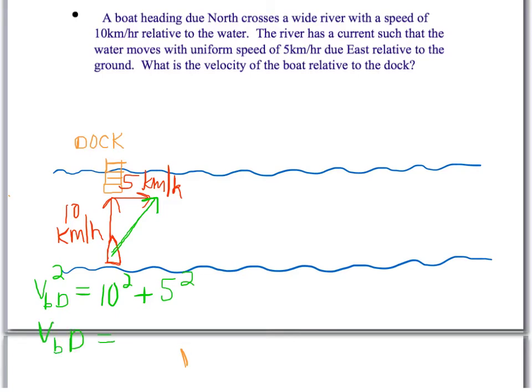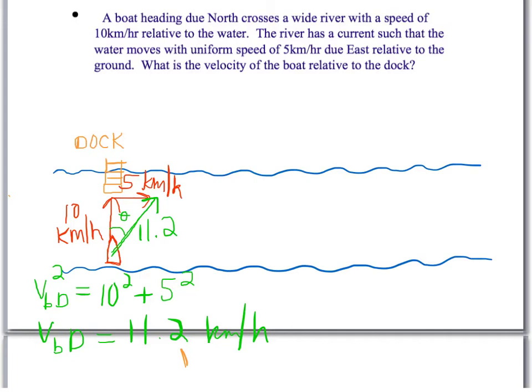You should find that the velocity of the boat relative to the dock is going to come out to be about 11.2 kilometers per hour. So this value here is 11.2. We could also find the angle or the direction that the boat is heading because, again, velocity is not just how fast, but it's also a direction as well.